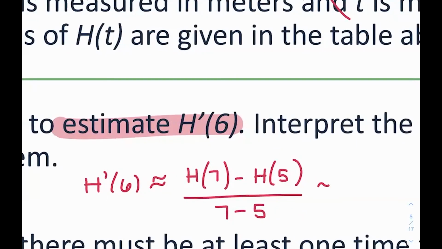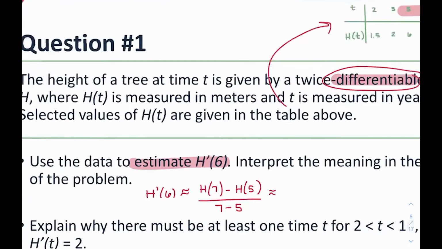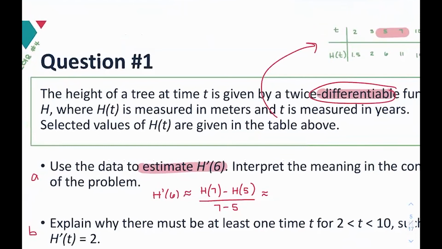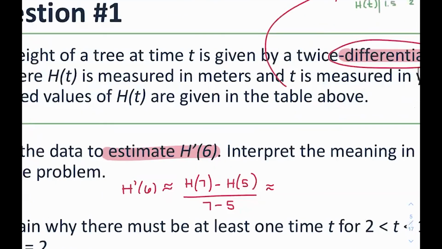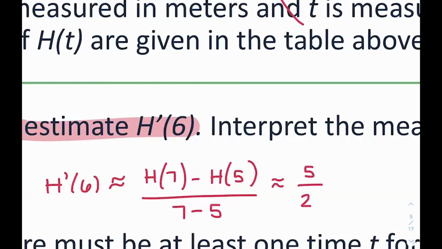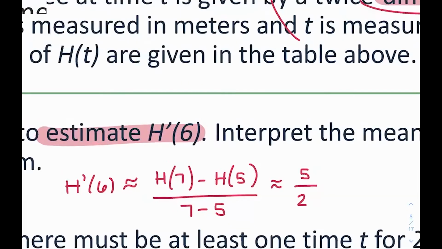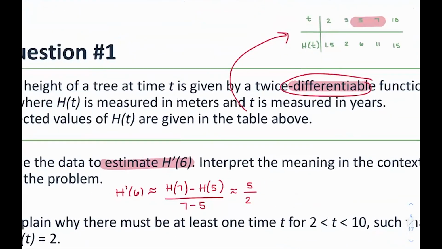That will give us approximately 11 minus 6, so 5 over 2. That gives us a derivative at 6, a slope of a tangent line at 6, of approximately 5 over 2. And that 5 over 2 will have units. It will be meters per year.